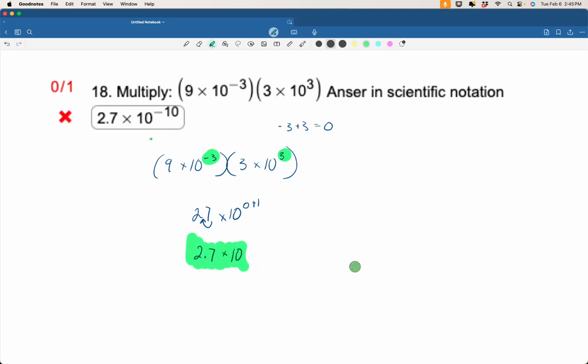2.7 times 10 to the 1. Or just 27. But it does say answer it in scientific notation, so it's probably looking for this one or this one. Let me double check. All right, so it is looking for this one.